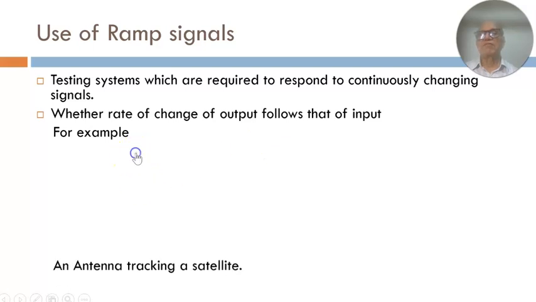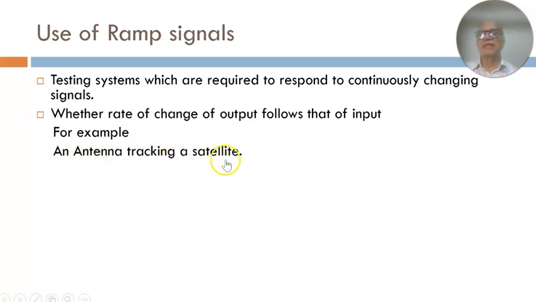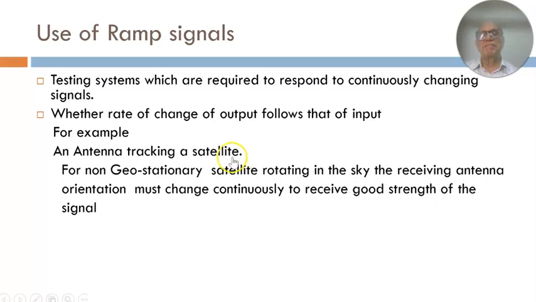For example, so let me give you a couple of examples here. An antenna tracking a satellite. If you consider a non-geostationary satellite, then you find that the antenna is not facing the satellite all the time, since the satellite moves. So as it moves, the antenna must track, and you must track at the appropriate speed. So as I said, let me repeat that for non-geostationary satellite rotating in the sky, the receiving antenna orientation must change continuously to receive good strength of the signal.